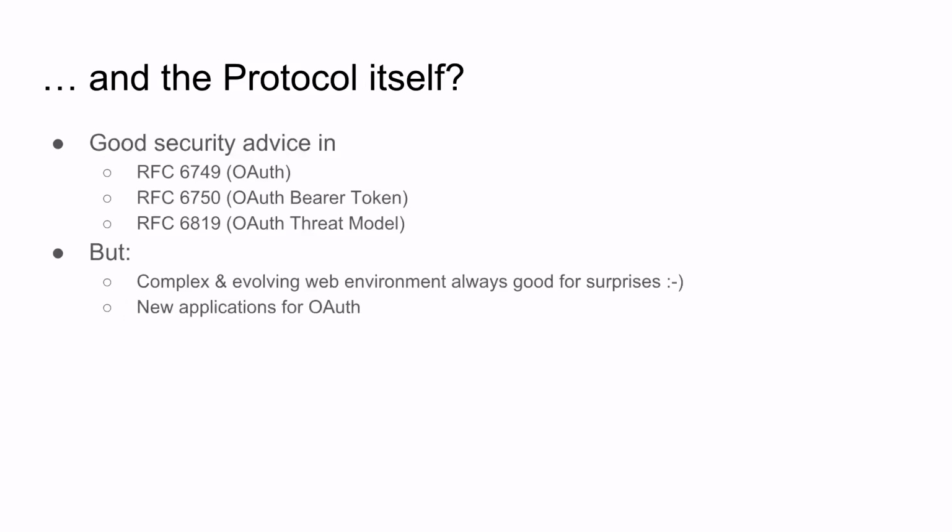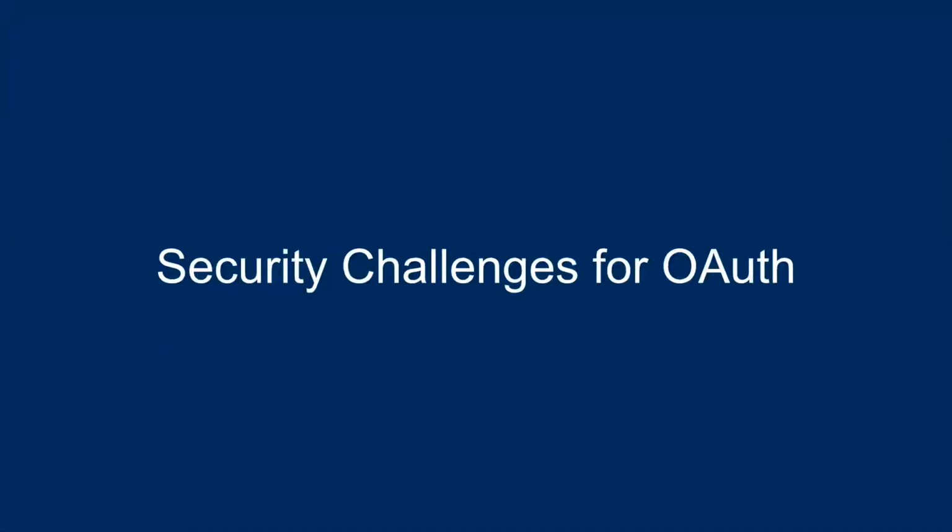We have a complex and evolving environment. 2012 is 7 years ago. Many things changed since then. And we see OAuth being used in new applications that nobody even imagined in 2012.